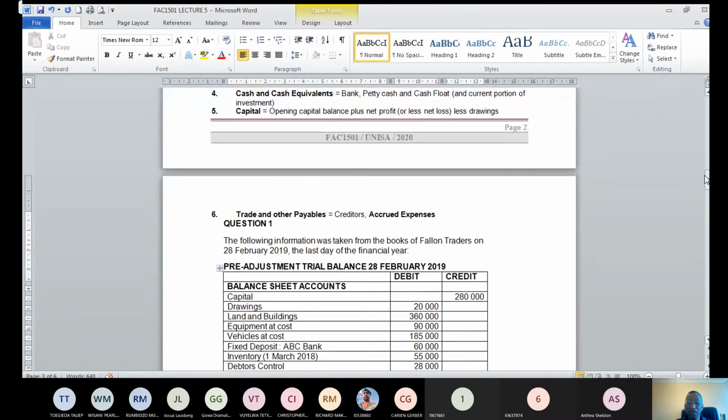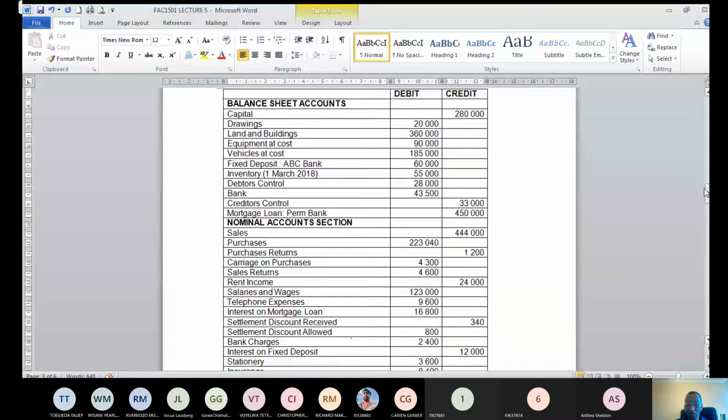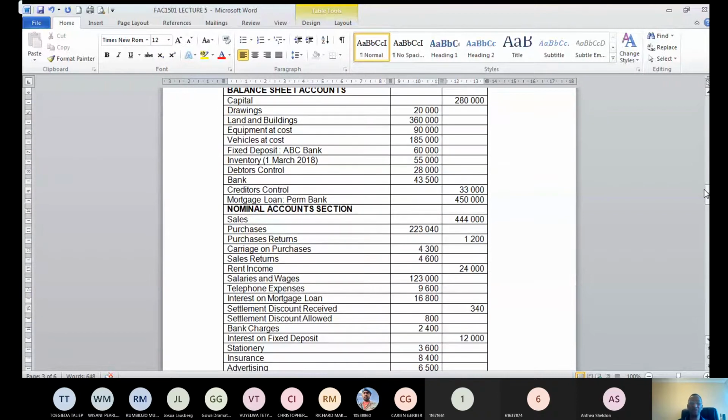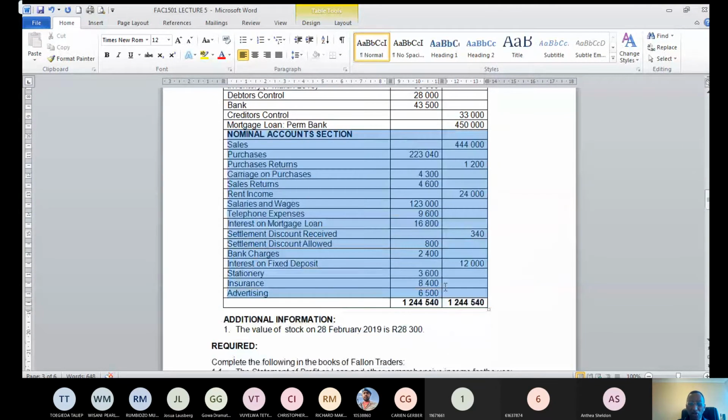We are going to do the statement of profit or loss and other comprehensive income. The purpose of doing a statement of profit and loss and other comprehensive income is to calculate what is the profit for the year. For the profit for the year, we are going to work with income and expenses. Income and expenses fall under the nominal account section. So we are going to work with the accounts here in your nominal account section.